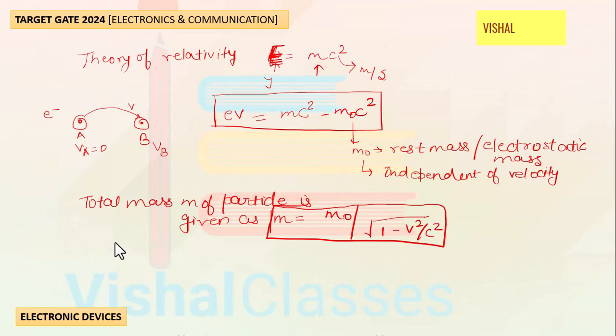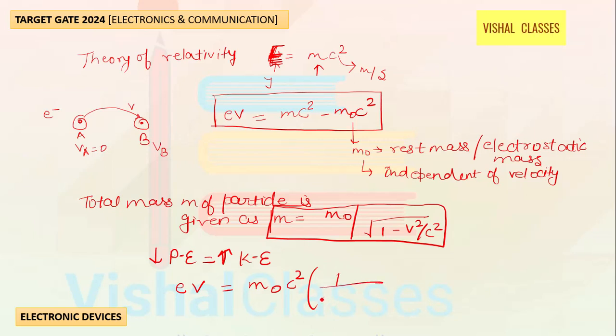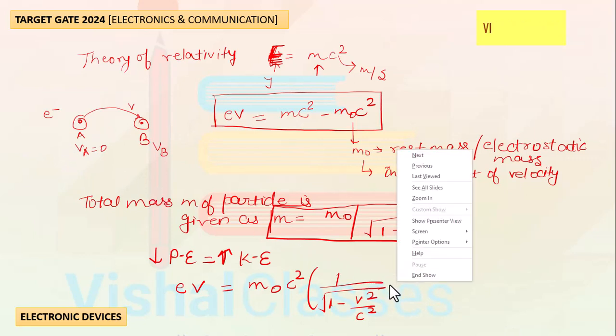Decrease in potential energy is equal to increase in kinetic energy. Relativistic energy is given as m naught c square, and this formula you will write also: 1 divided by root of 1 minus v square by c square, minus 1.